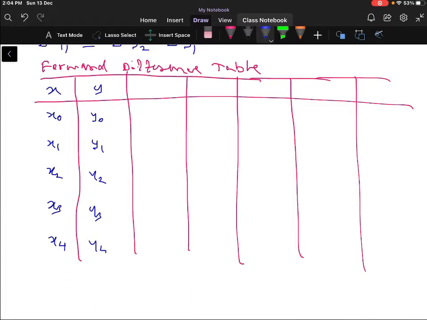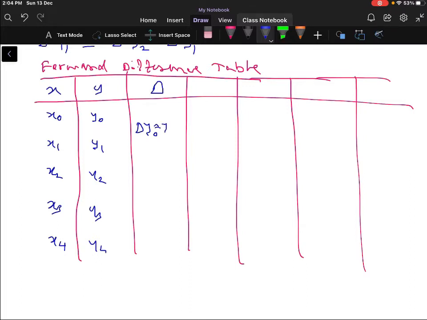Now let me define the first forward differences. Y1 minus y0, that is delta y0.